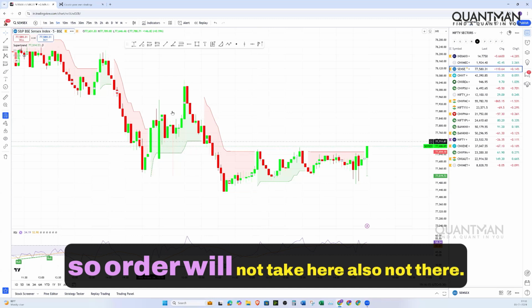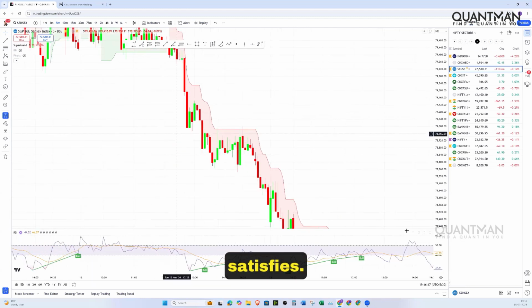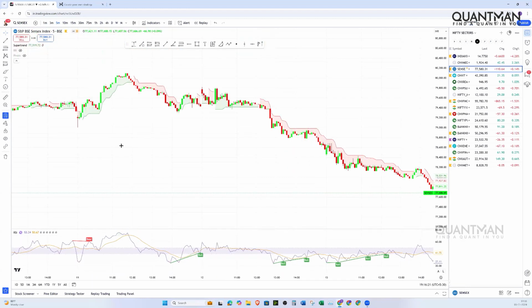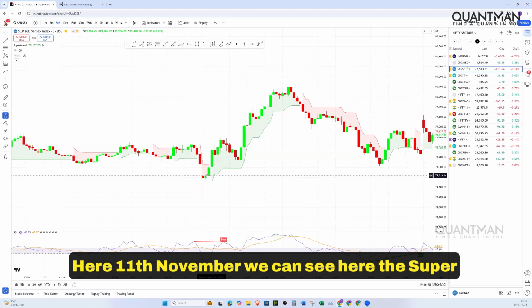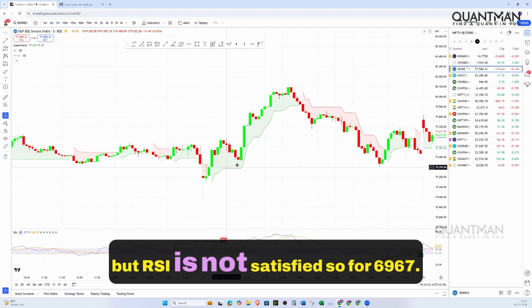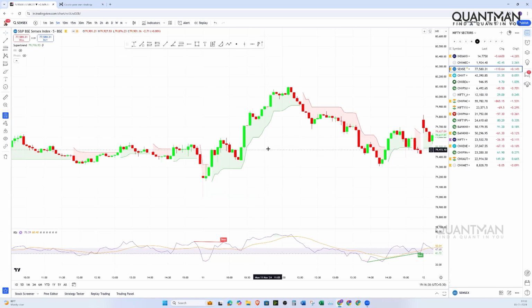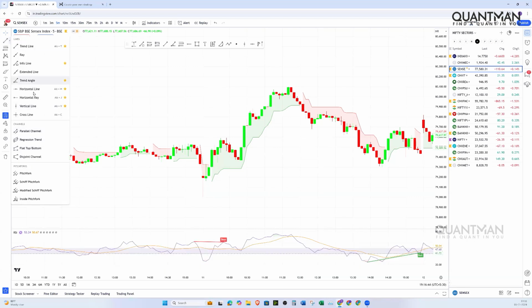Here also not. So I will check where the two conditions are satisfied. On 11th November, the super trend condition is satisfied, but RSI is not satisfied. For this candle, both the two conditions are satisfied.